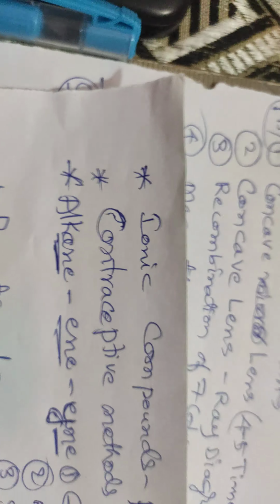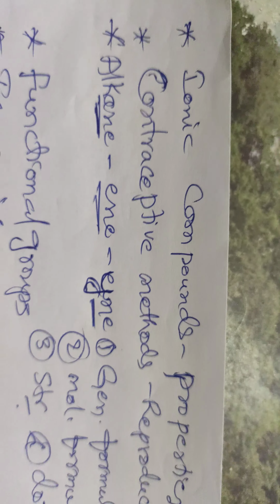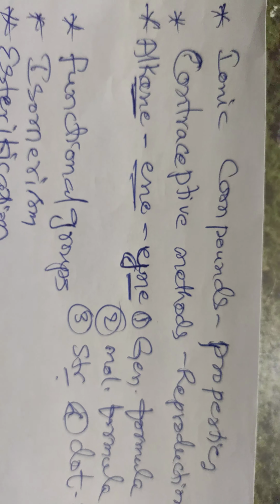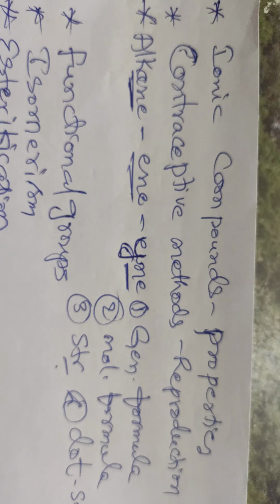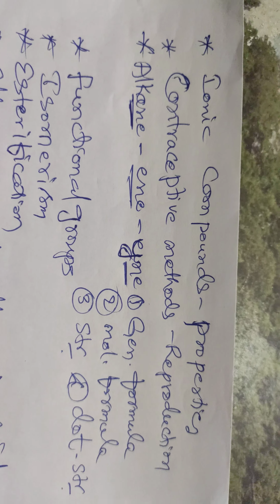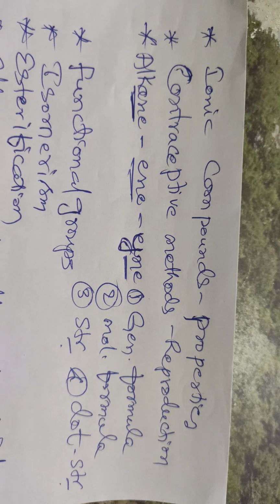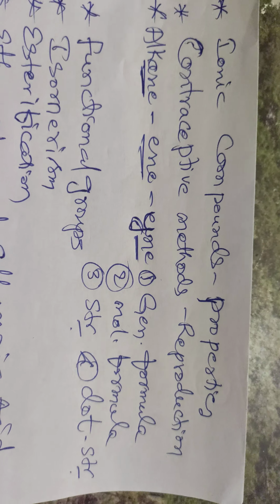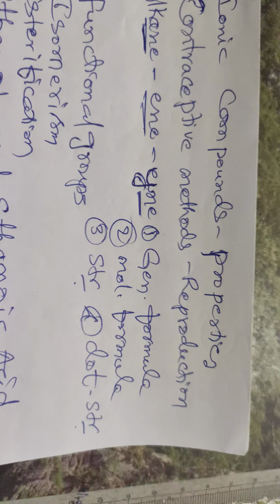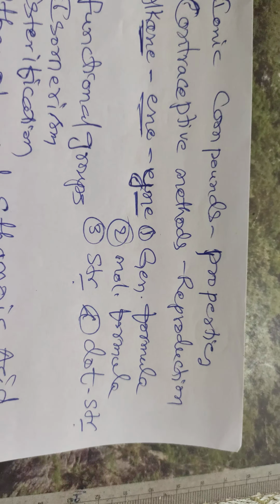If you come to other questions, you will have ionic compounds, questions on the properties of ionic compounds, and also contraceptive measures in human reproduction, and alkane, alkene, alkyne: the general formula, molecular formula, structure, and also dash structure.